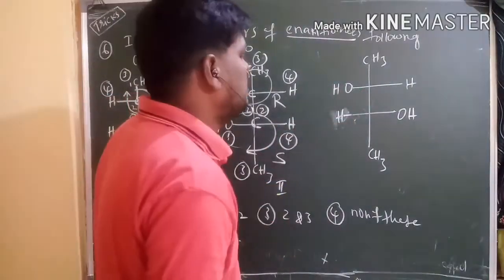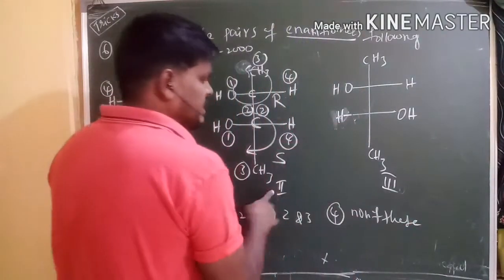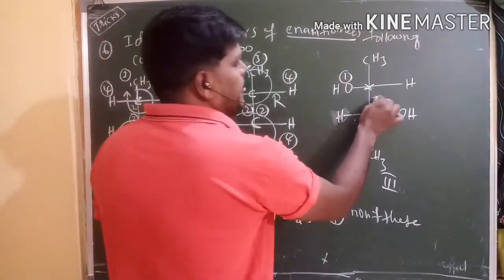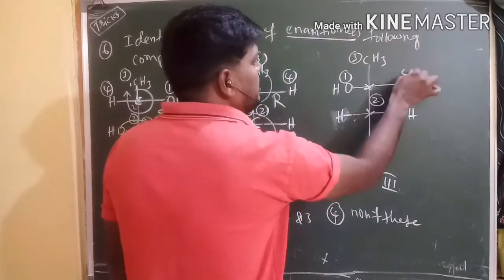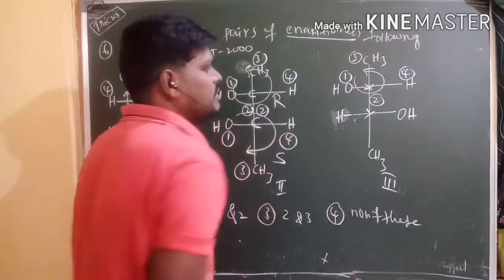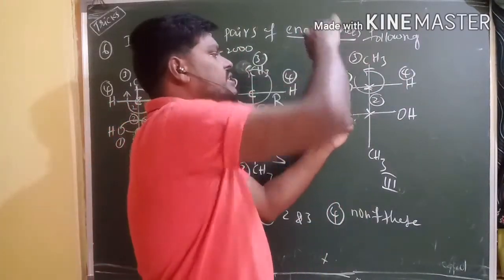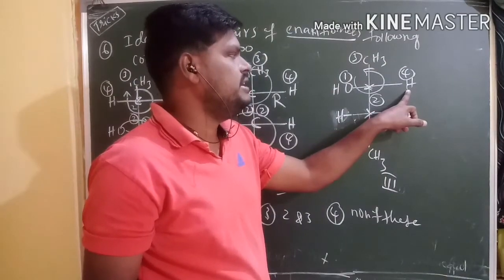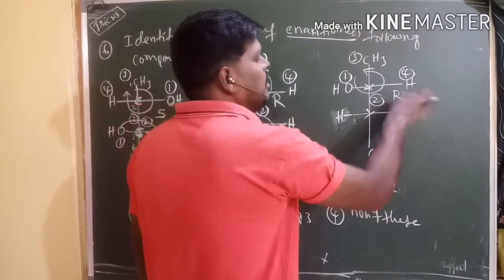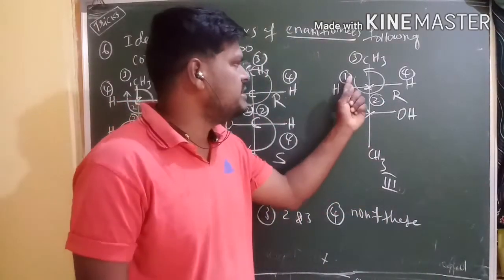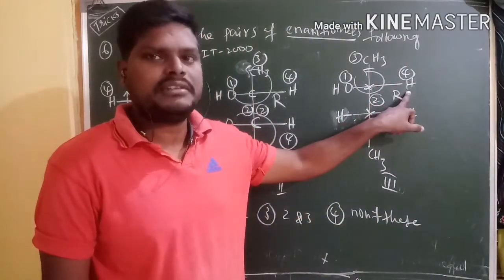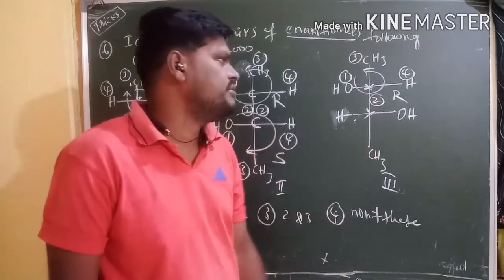Coming to the third compound, the second and third carbons are chiral centers. First priority, second priority, third priority and least priority. The direction 1 to 2 and 2 to 3 is anti-clockwise, but the least priority is on the horizontal line, so take the opposite configuration. Expected anti-clockwise means S, but the least priority is on the horizontal line, so take the opposite: R configuration here.